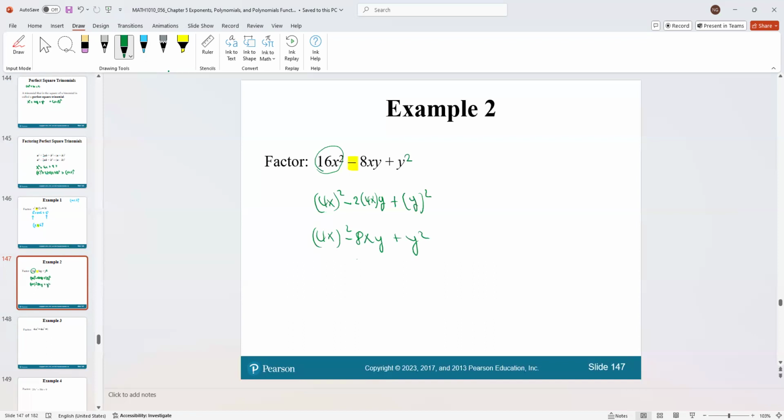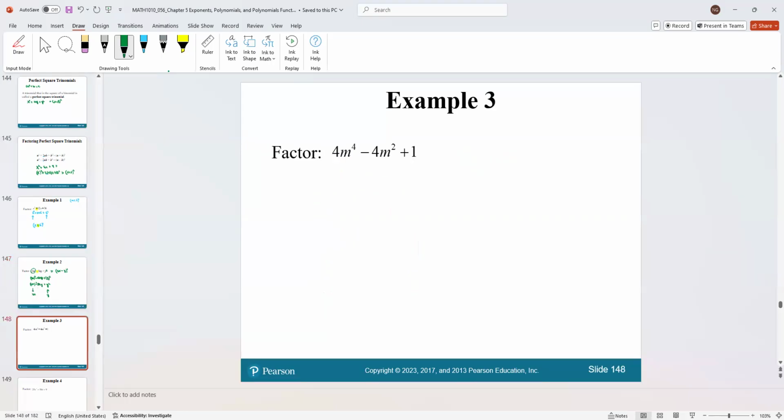So we can say that this is x as the first term, and this is y as the second term. So how to factor this? It's going to be 4x minus y power 2. Right? So we have many techniques for how we should be using it.